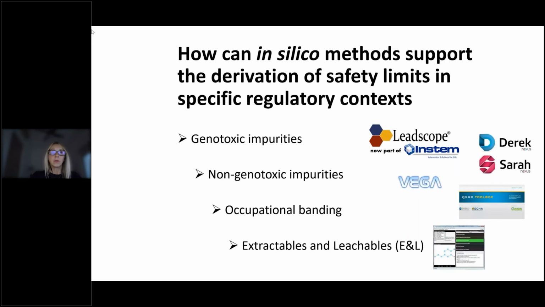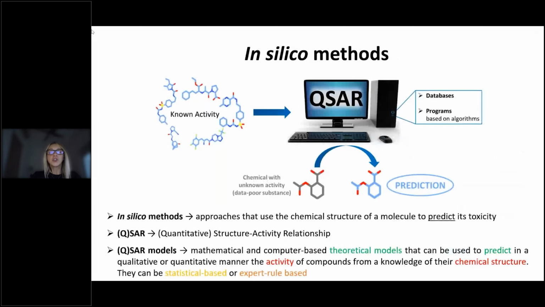As a background, and also just to share a common terminology, let me say that the term in silico methods refers to approaches that use the chemical structure of a molecule to predict its toxicity. So the starting point, the input information in the so-called in silico methods, is the information coming from the structure of a given chemical.